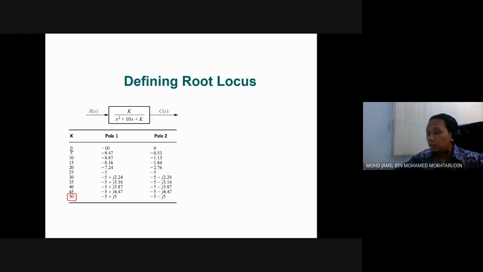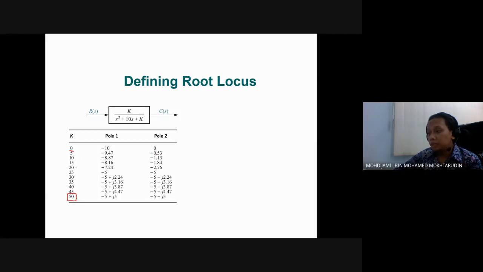When you substitute K equals 0, you will get the poles at minus 10 and 0. And when you substitute K equals 5, you will get different values of poles. Now it becomes minus 9.47 and minus 0.53.